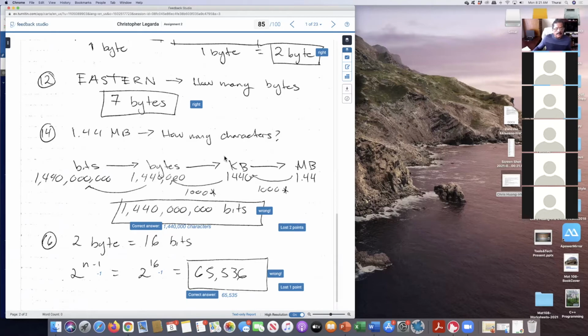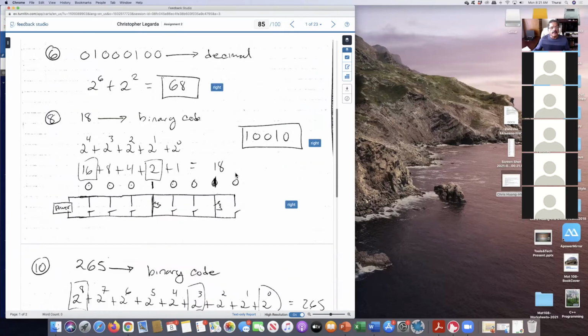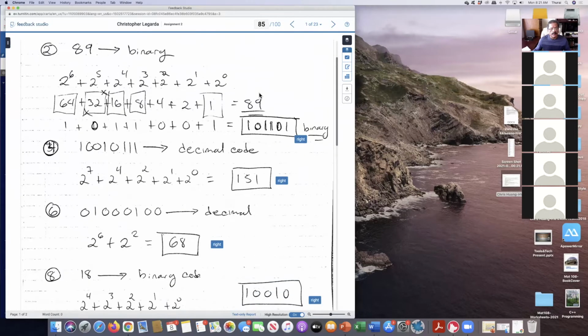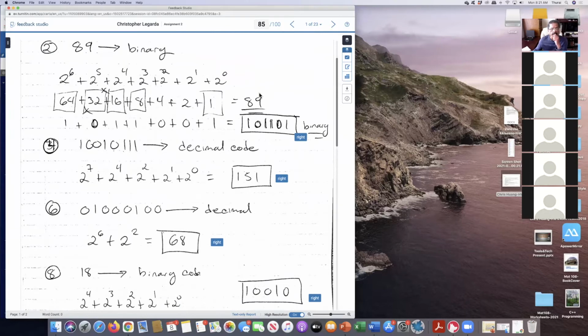So I indicate exactly what is wrong, and whenever it's wrong, I usually provide the correct answer. And then at the top, I tell you, you got 17 out of 20, which is 85%. So all the details are right there. Okay. So that's how the grading works.